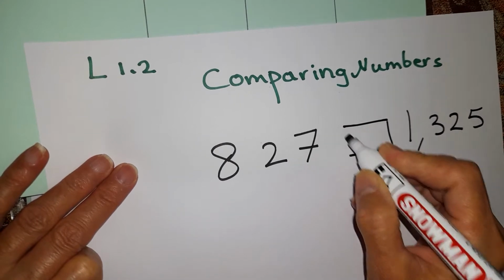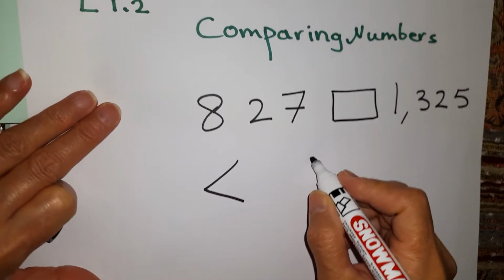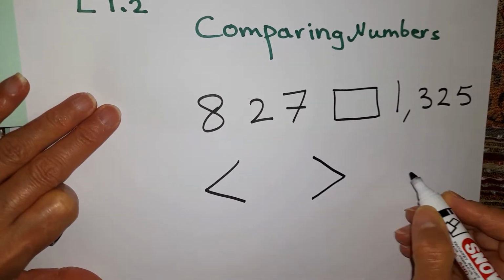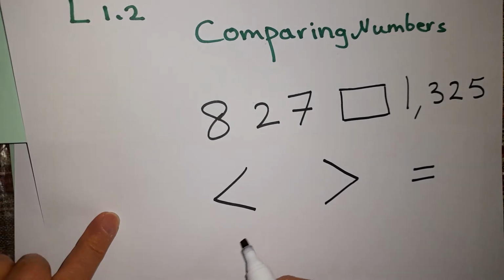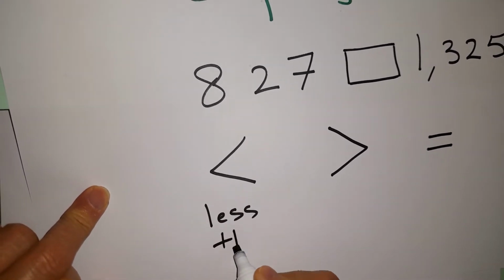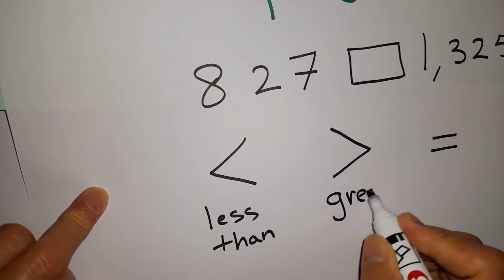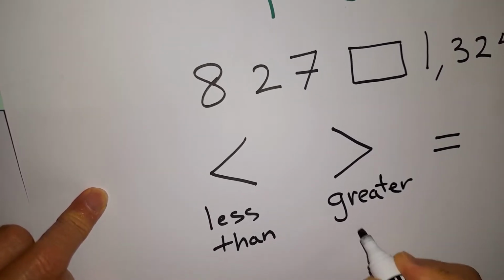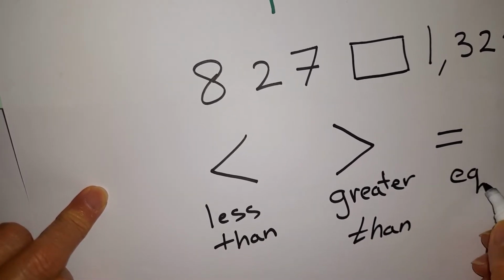I will compare using these symbols: this one is less than, and this one is greater than, and this is equal.